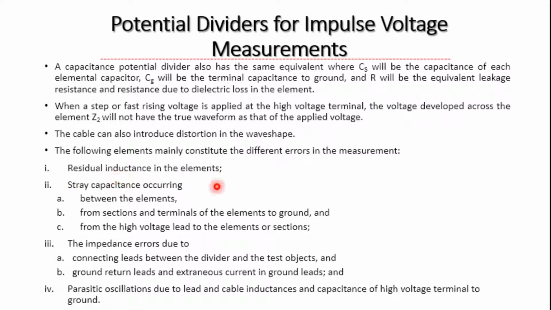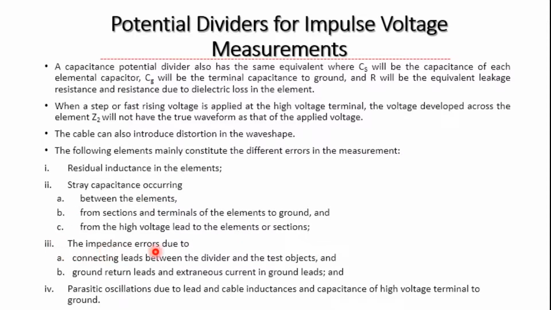Then the stray capacitance occurring between the sections of the elements, between the terminals of the elements and the ground, and from the high voltage lead to the elements or sections. So CG, CS, all these will come into the picture.